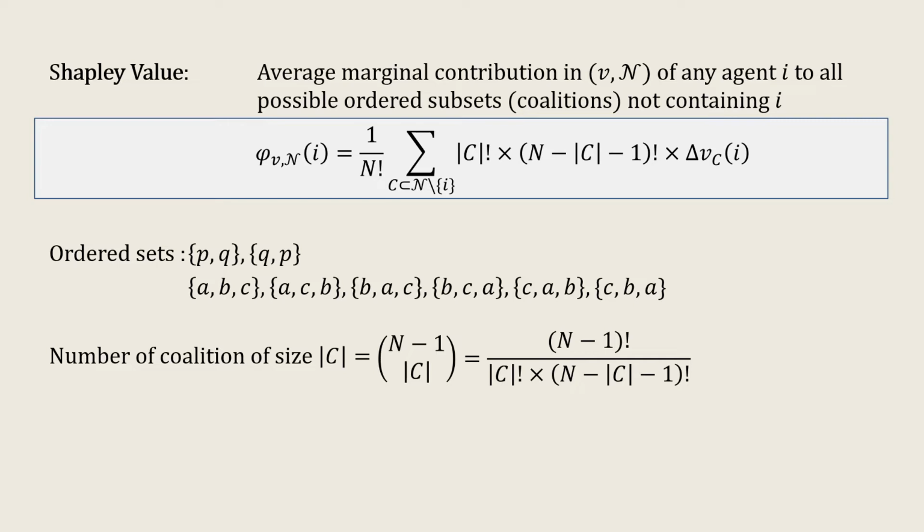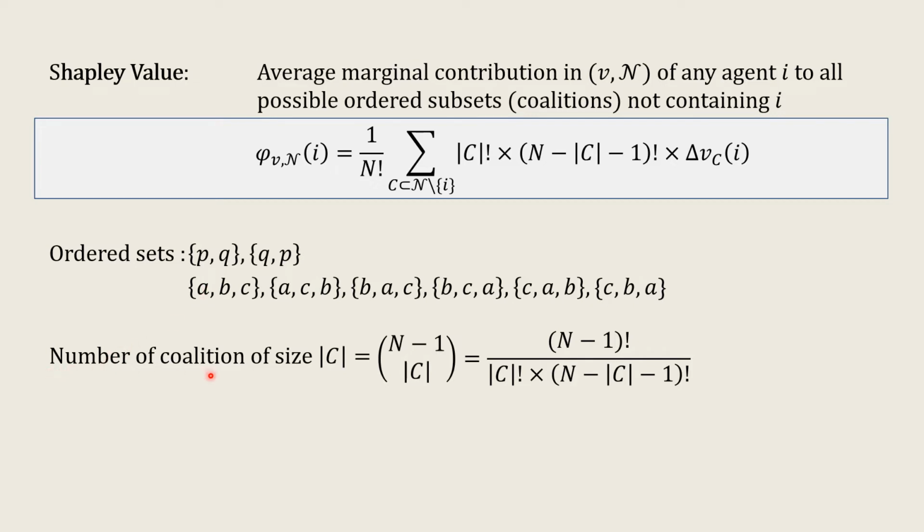Now, what exactly is an ordered set here? I used the word ordered subset. These are two different ordered sets. They contain the same elements, but the ordering of the elements is different. So these are two different ordered sets of the same size.